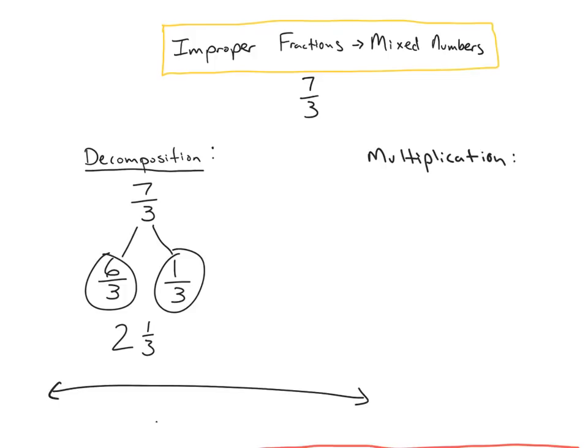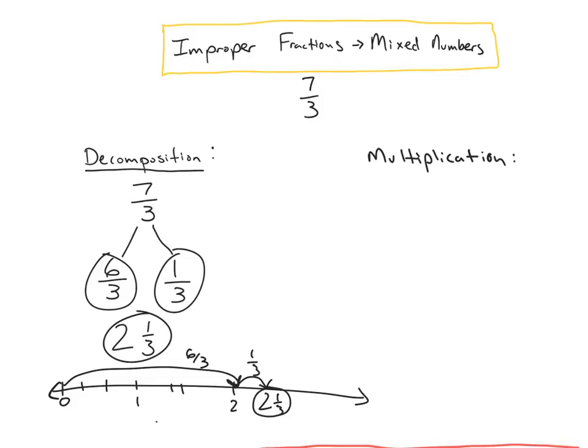Essentially, I know that from 0 to 2 is 6/3, and then I just need to jump 1/3 more, and that gets me to 2 and 1/3, so I get the same answer for both.